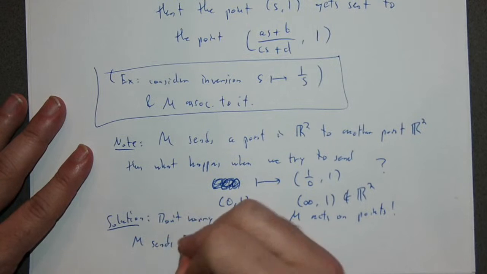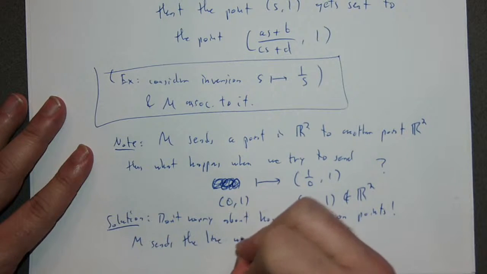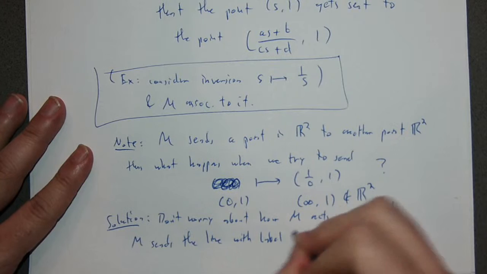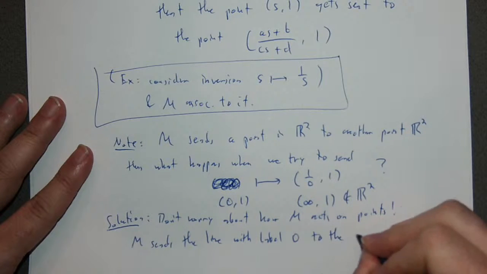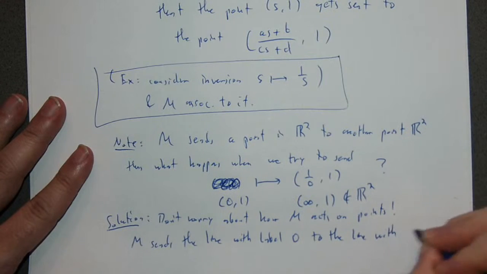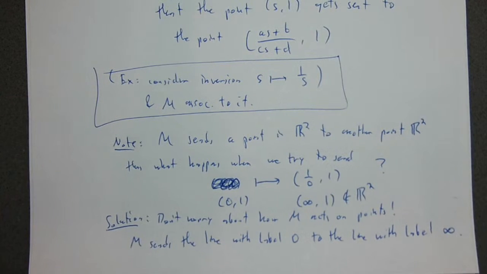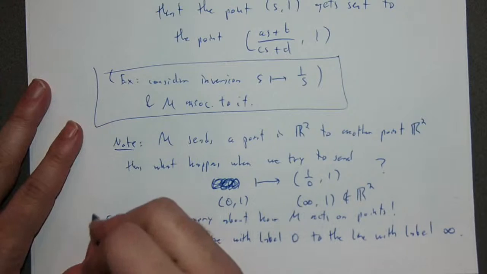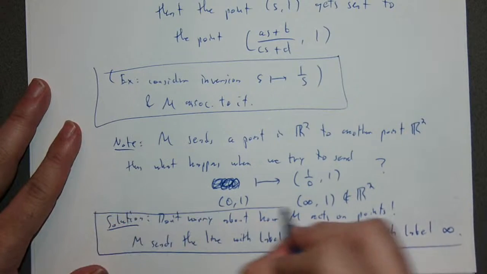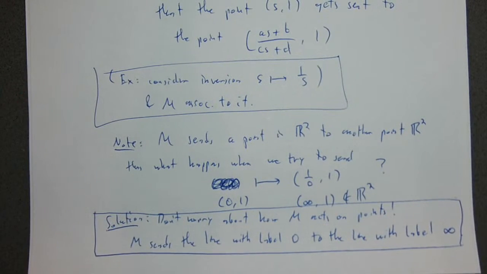M sends the line with label 0 to the line with label infinity, i.e., it sends the y-axis to the x-axis, and vice versa. So this is a great example to show why it's easy to get bogged down if you try to think of this pointwise. It's no good.